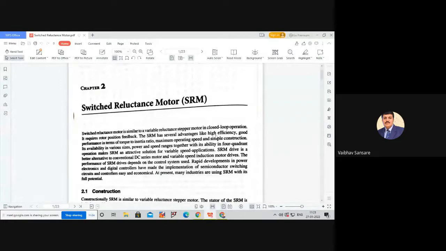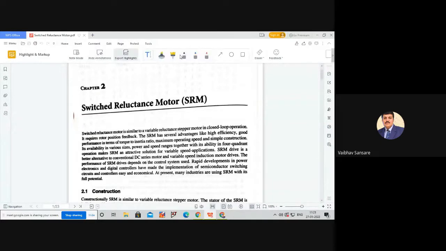Now, let us discuss the term related to efficiency. Why do we say the efficiency is high? As the rotor does not consist of any winding, the copper losses which take place in the rotor are equal to zero. As there is no winding present on the rotor, the magnitude of copper losses at the rotor side is zero.